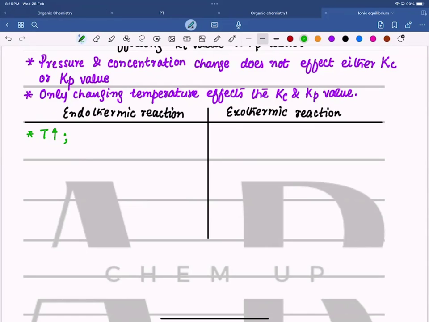When we increase the temperature, does the equilibrium shift towards endothermic or exothermic? Why are you guys blank? Sir, exothermic?